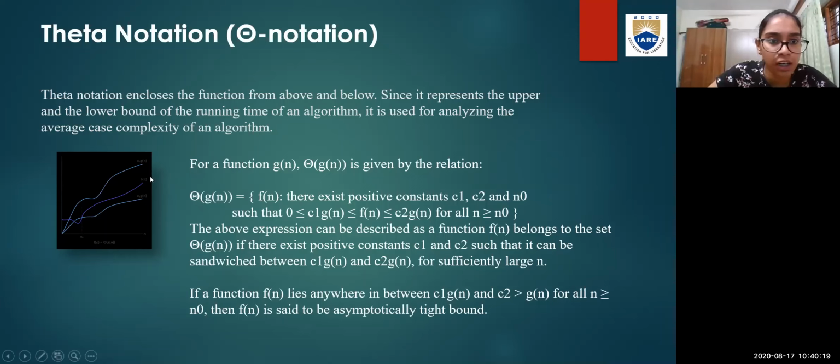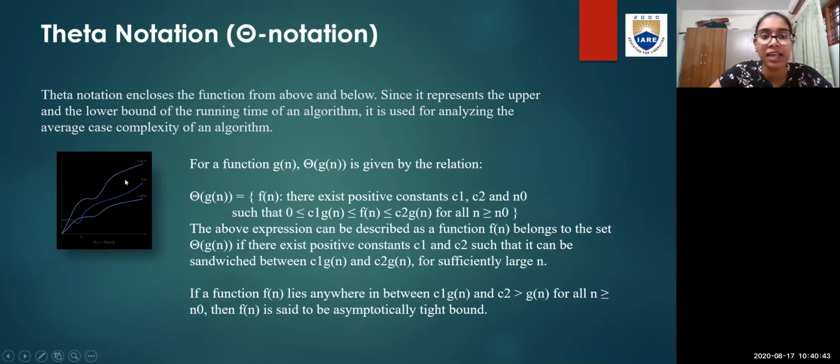As you can see here, your function f of n is lying in between c1 into g of n and c2 into g of n. That is the main condition. If a function f of n lies anywhere in between c1 into g of n and c2 into g of n, for all n greater than or equal to n naught, then f of n is said to be asymptotically tight bound.